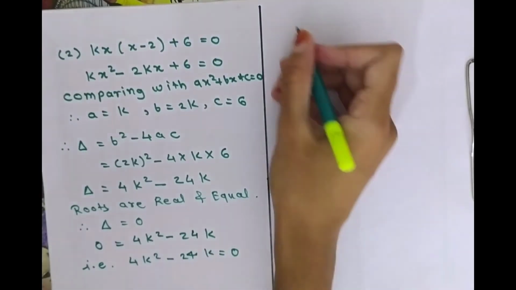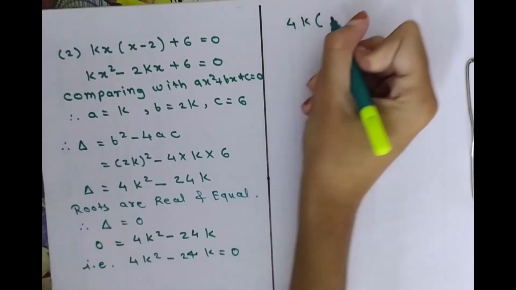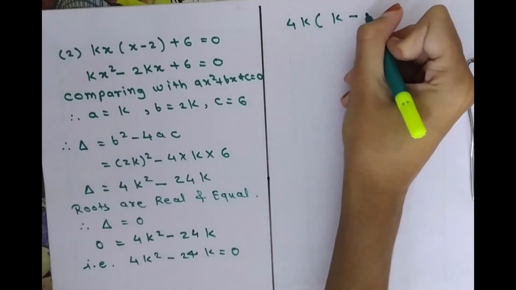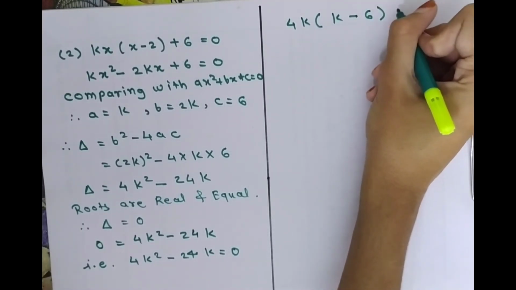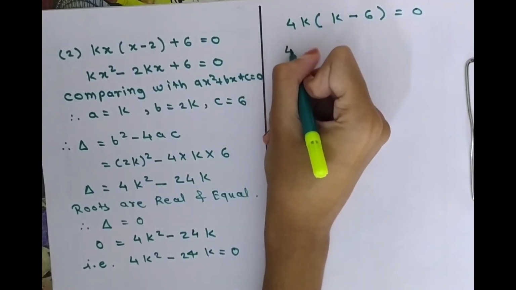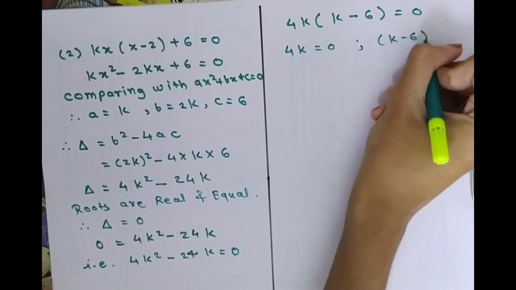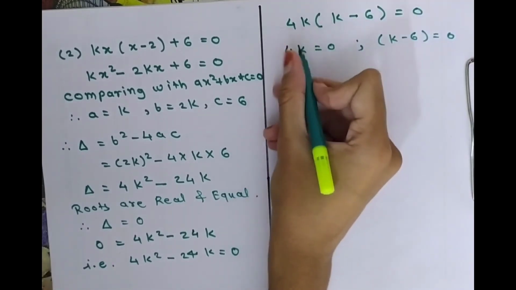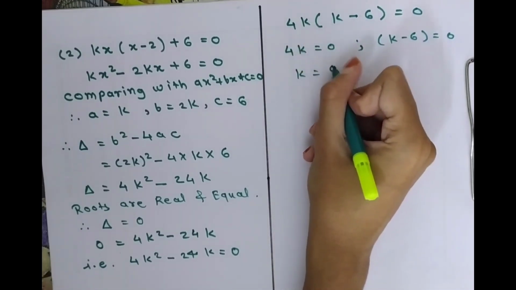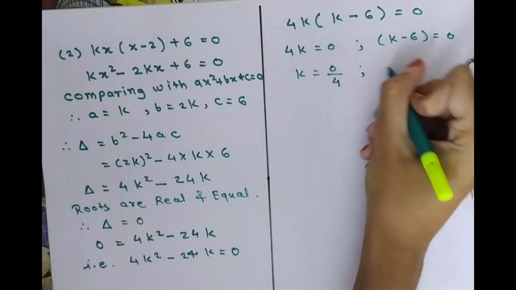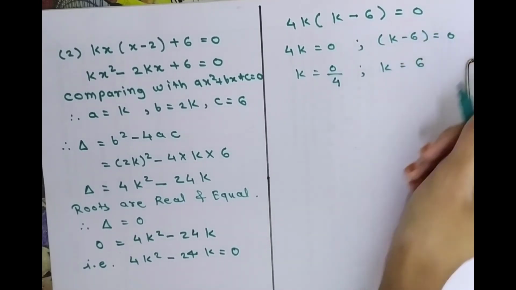From this, 4k is common, and in the bracket k minus 6, since 4 sixes are 24. So 4k is equal to 0 and k minus 6 is equal to 0. Therefore k is equal to 0 upon 4, and k is equal to plus 6.